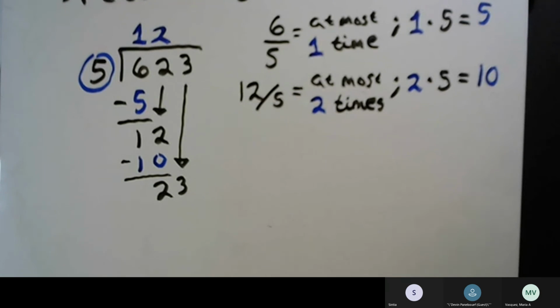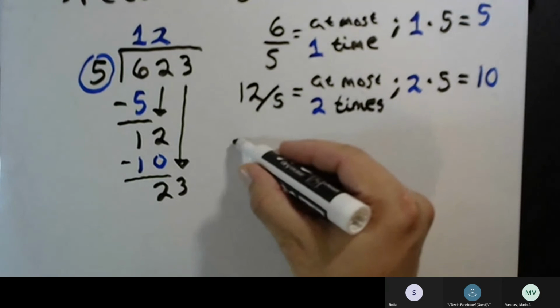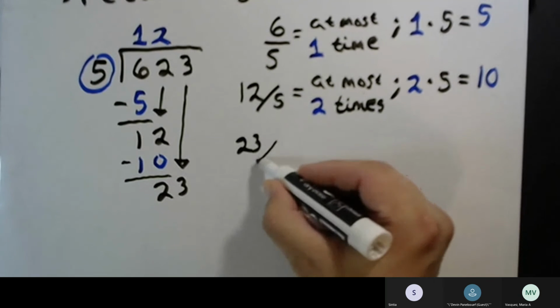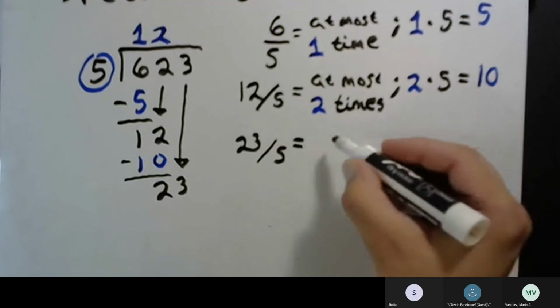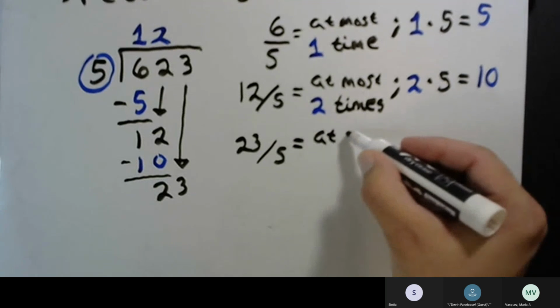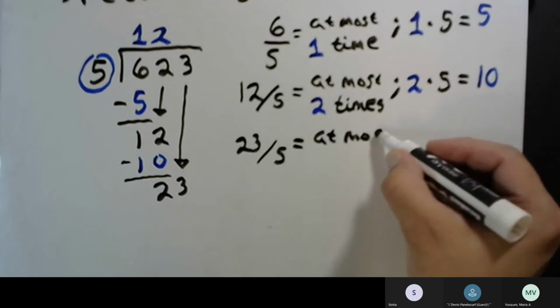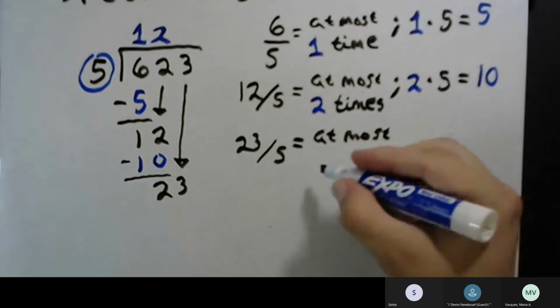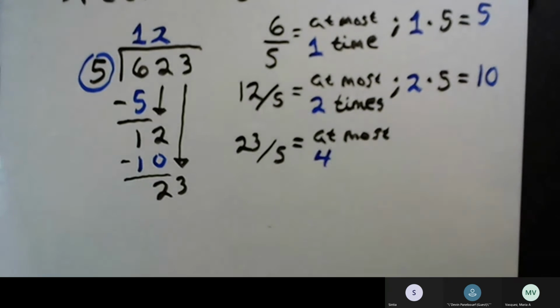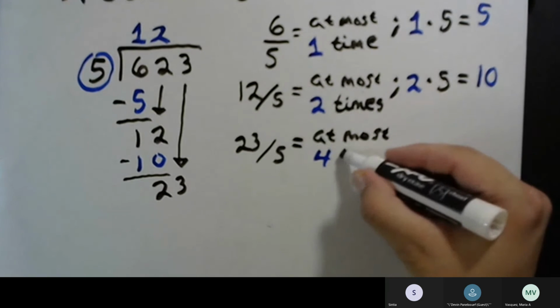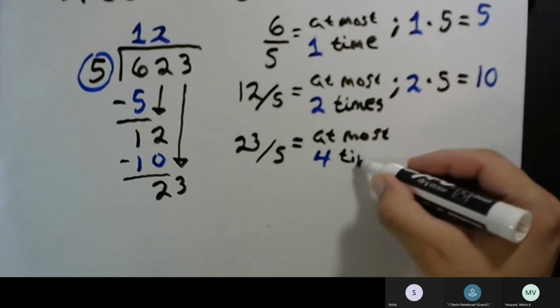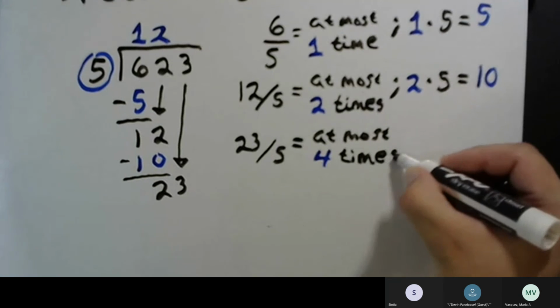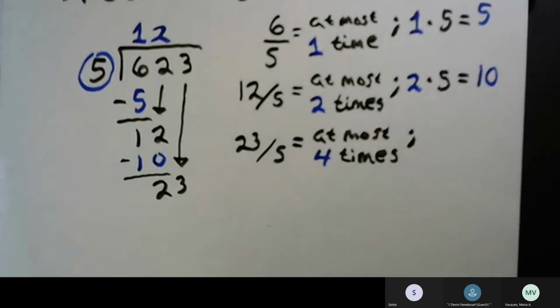Now we're going to our third and final round. Take 23 divided by 5. It goes in at most 4 times. And if this is too small to read, please let me know.